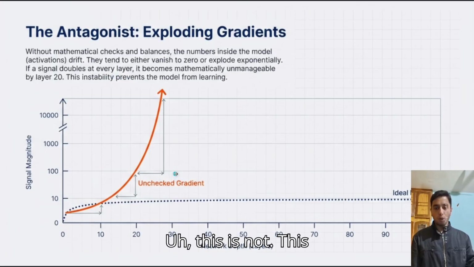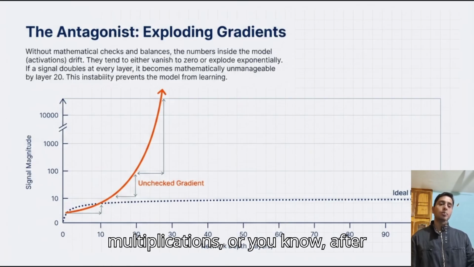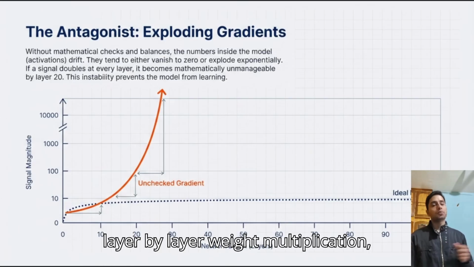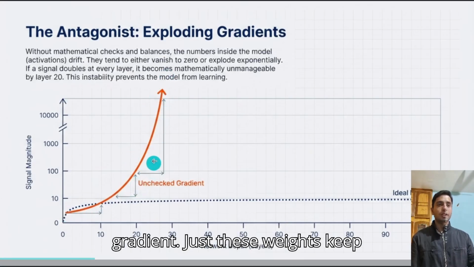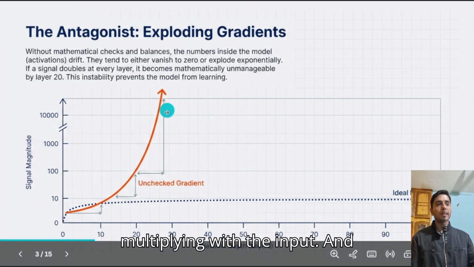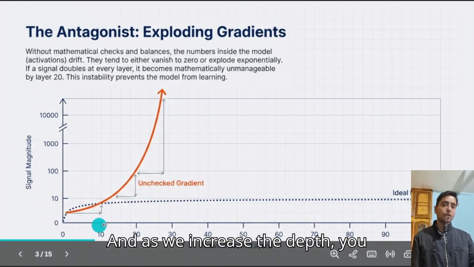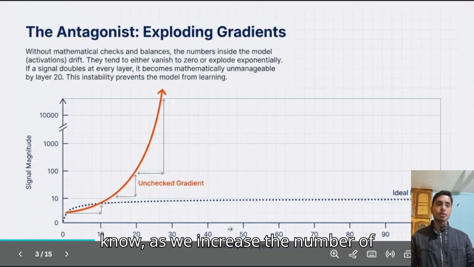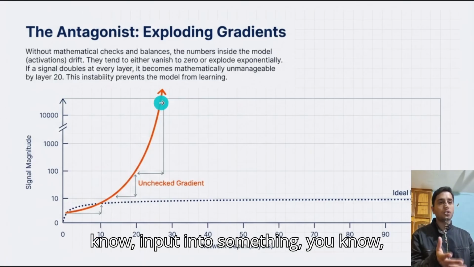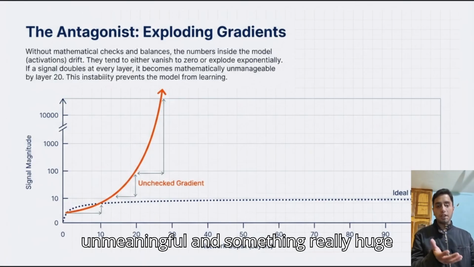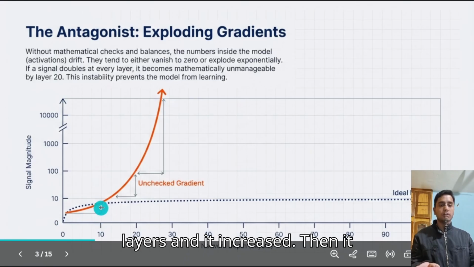This is a common problem with neural networks, that after layer by layer weight multiplication, your input just explodes. These weights keep multiplying with the input and just keep increasing it. And as we increase the depth, the number of layers, this explosion of input into something meaningless and really huge keeps happening. So you had some input, it just multiplied with 10 layers and it increased.